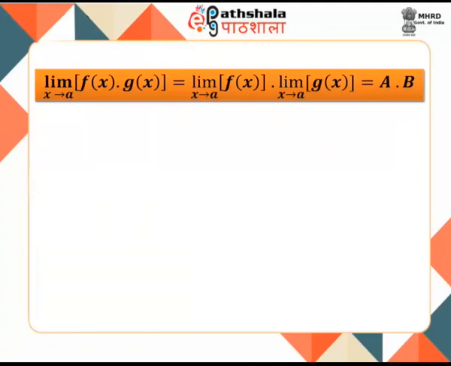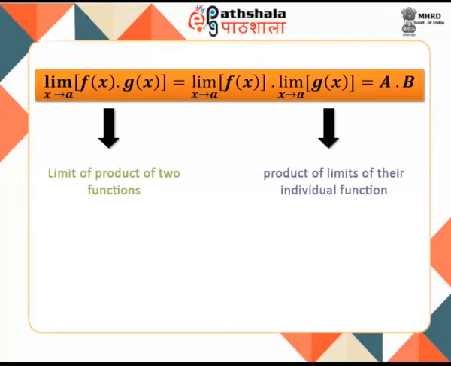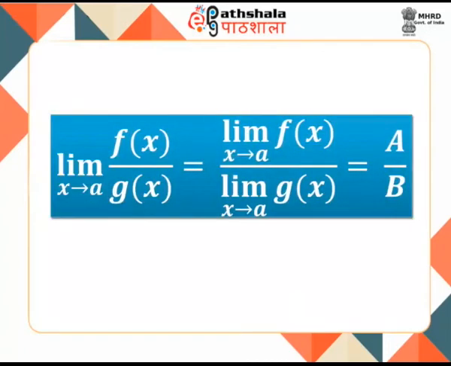Limit as x goes to a of f(x) times g(x) is equal to limit of f(x) times limit of g(x), which is A times B. The limit of a product of two functions is the product of the limits of their individual functions. Limit as x goes to a of f(x) upon g(x) is equal to limit of f(x) divided by limit of g(x), which is A upon B, provided B is not equal to 0.